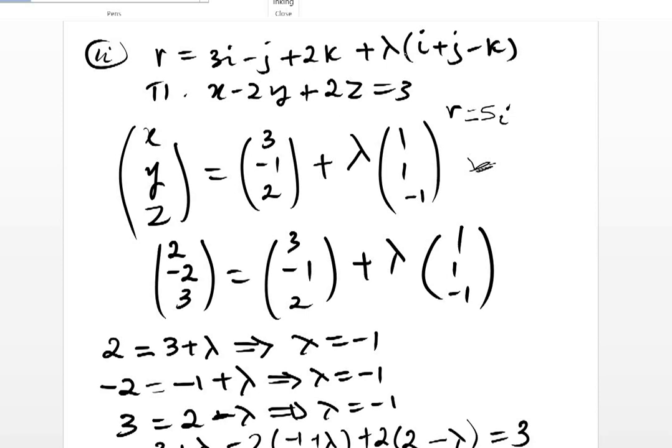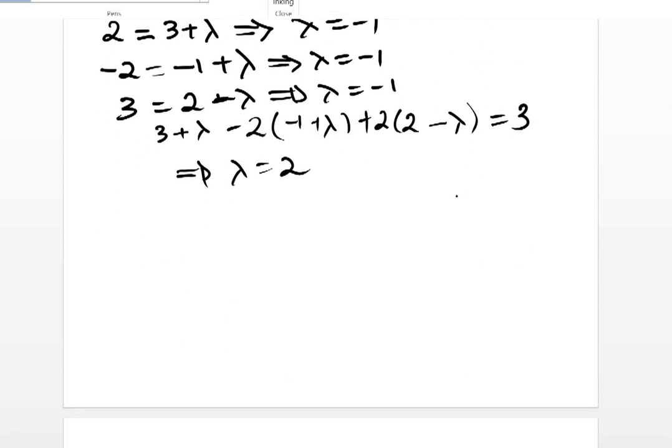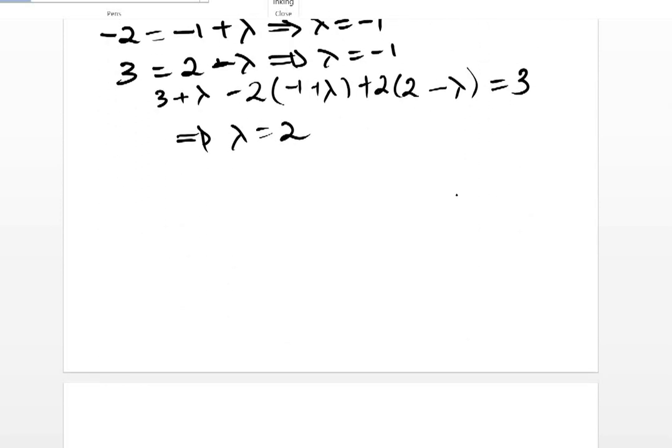Negative j plus 2j will be j. 2k minus 2k is 0. So that's the position vector of the point of intersection, 5i plus j. That's the position vector of that point, having obtained your lambda.